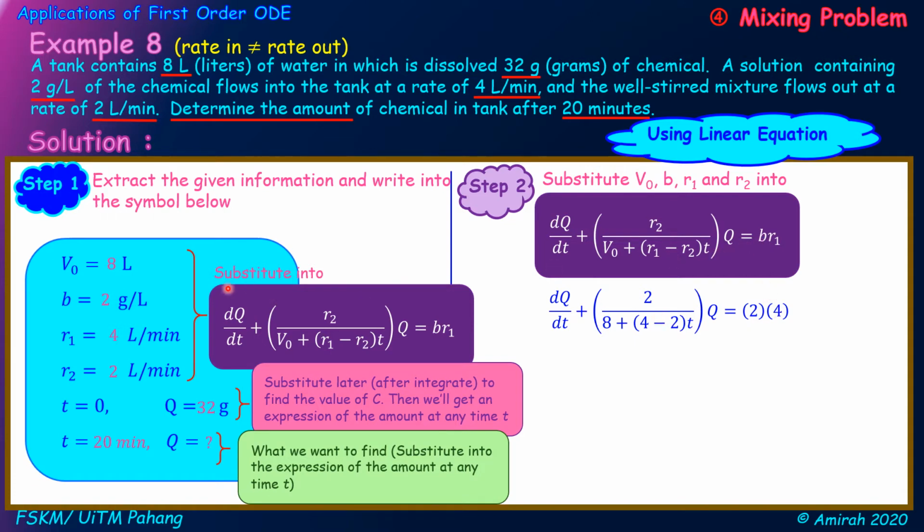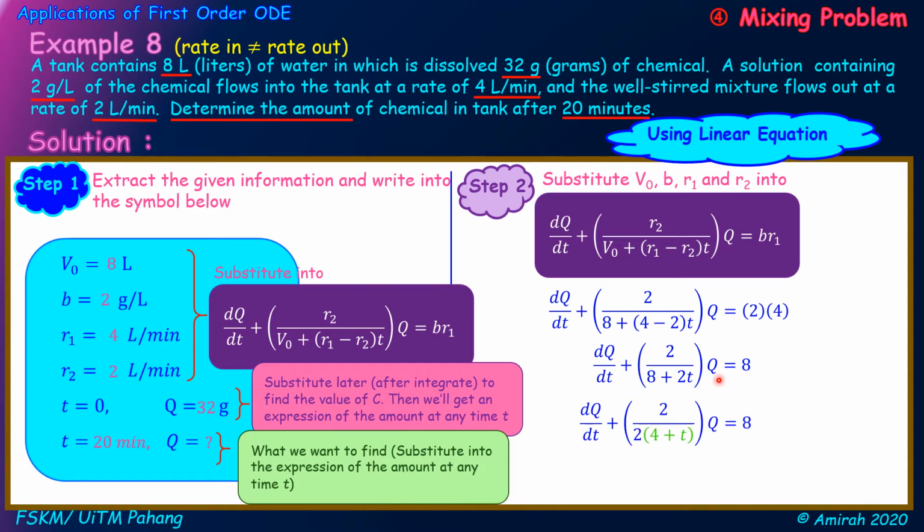We just substitute V naught, R1, R2, and b. And after that we simplify, so we get dQ over dt plus 2 over 8 plus 4 minus 2 times t, Q equals to 8.